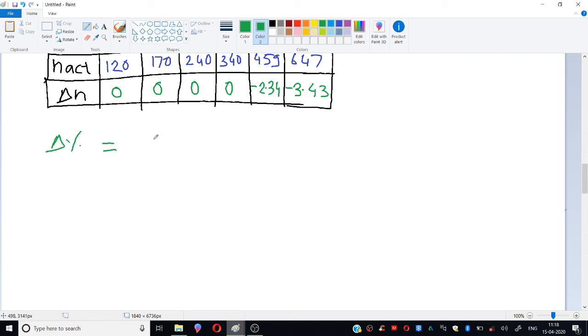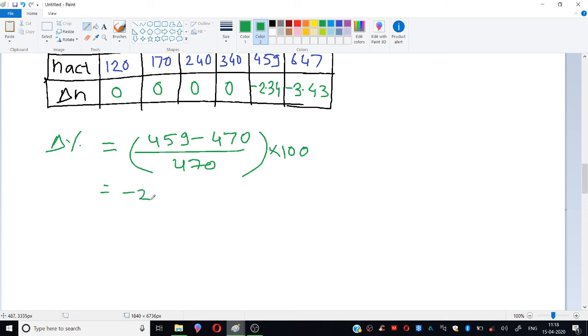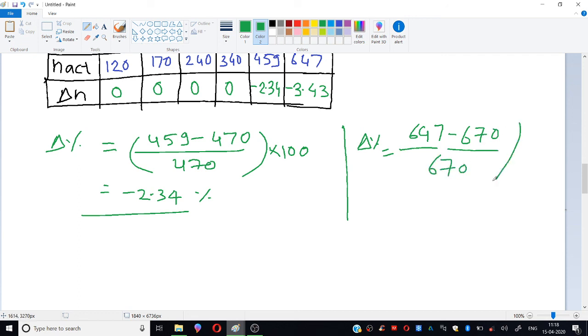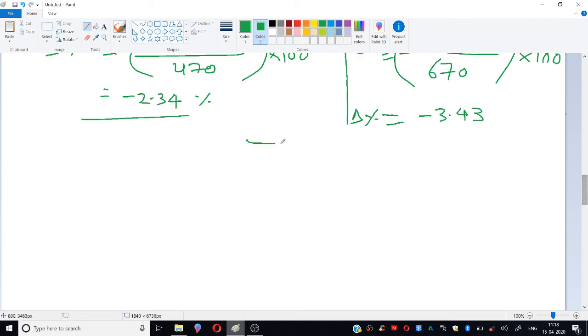Delta percentage is 459 minus 470 divided by 470 into 100, so for 459 we get minus 2.34 percent. Similarly, delta percentage for 647 is 647 minus 670 divided by 670 into 100, which is minus 3.43, which we have already written. Now we got the deviation here.